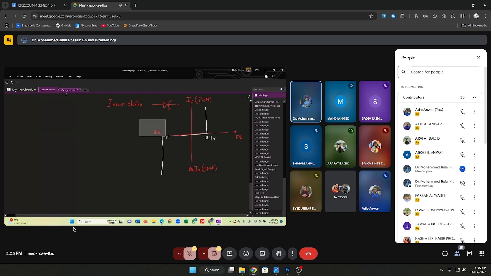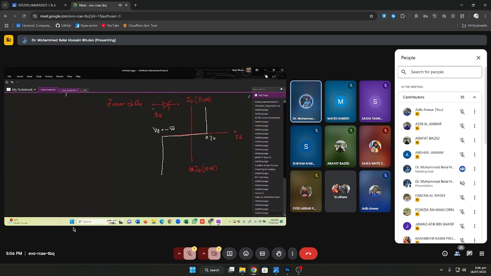When it is reverse biased, for some certain value it behaves like a normal diode, but at a certain value it enters into breakdown. Let's say this breakdown voltage is known as Vz, which is minus 5 volt.